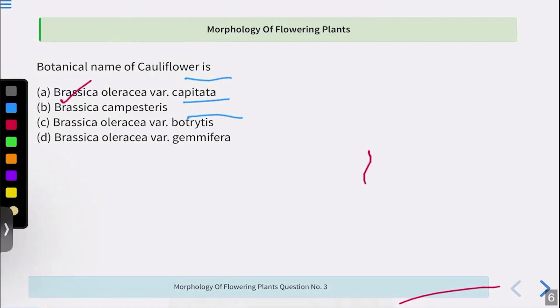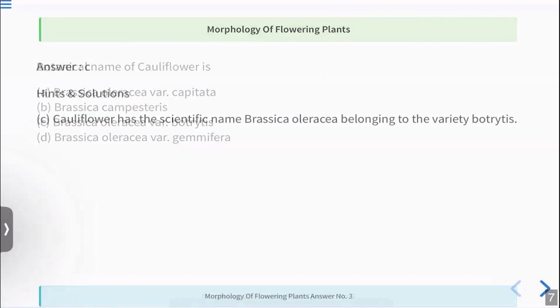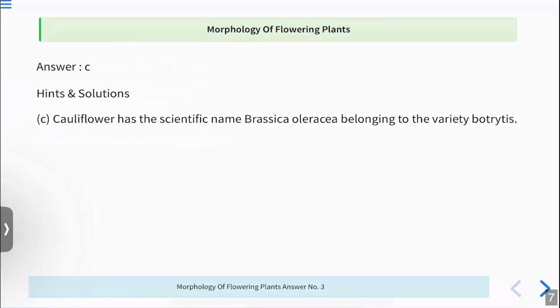The only thing that you have to remember over here is the variety. VAR means variety. So the variety is botrytis. So the scientific name is Brassica oleracea, variety botrytis.